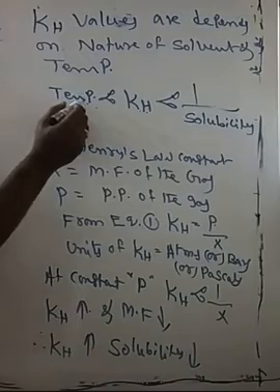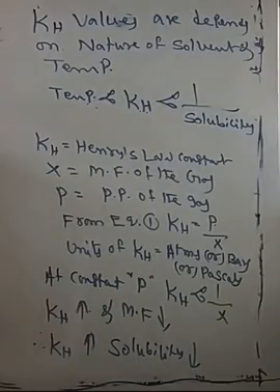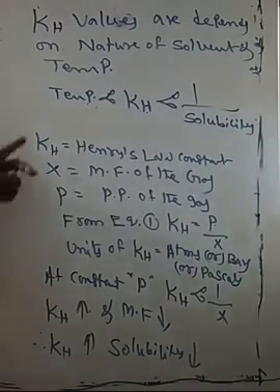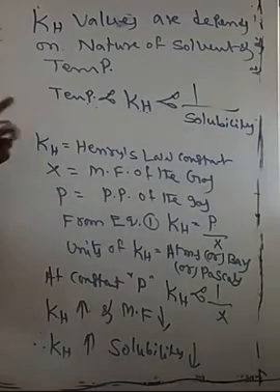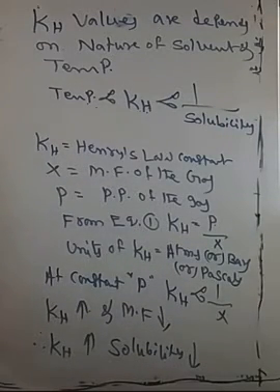Indirectly, temperature is inversely proportional to solubility. So the KH values depend on the nature of the solvent as well as temperature. Every solvent has a particular constant KH value.